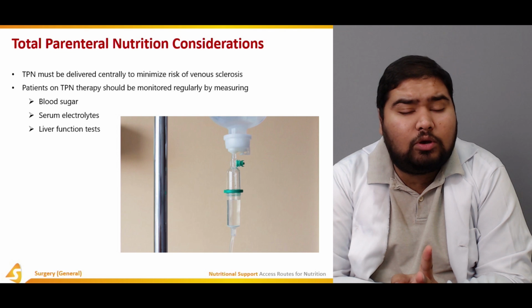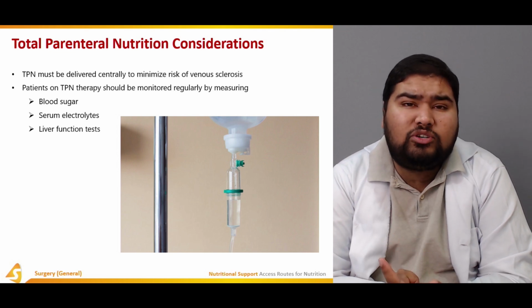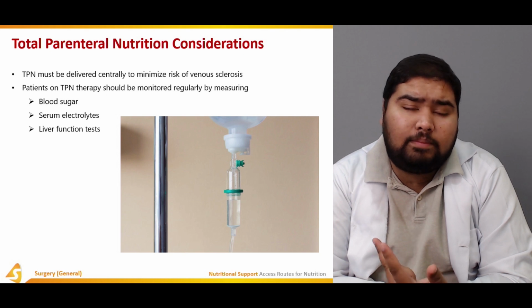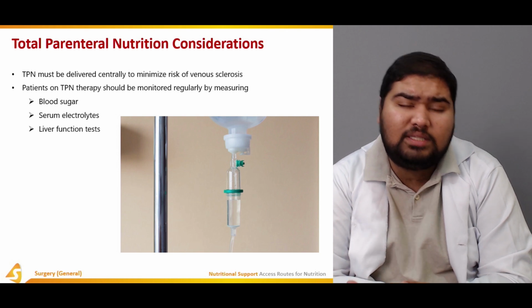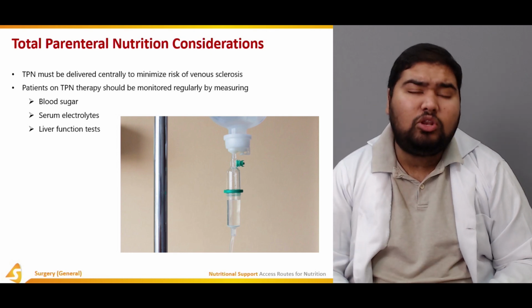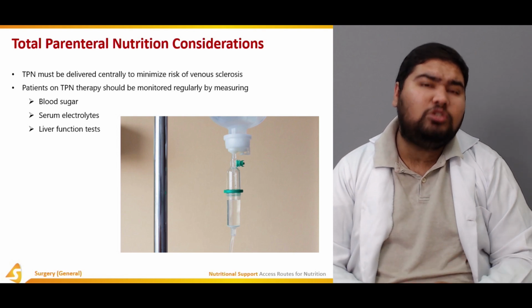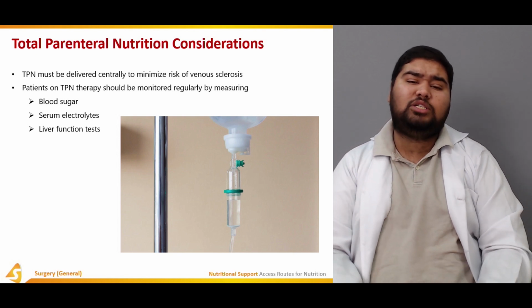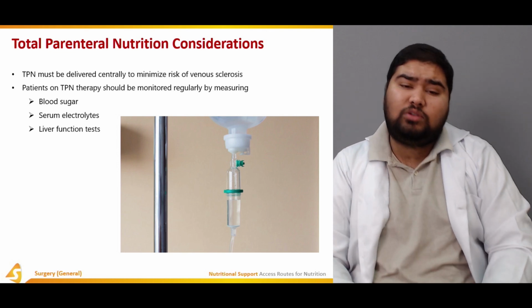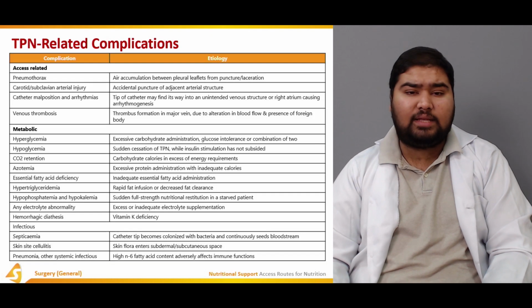And how does this monitoring proceed? By monitoring the blood sugar level, the serum electrolytes, and the liver function tests. All these parameters need to stay within the normal limits, because you are feeding directly into the bloodstream, and any alterations in either the blood sugar, the electrolytes, or the liver function can have disastrous effects.